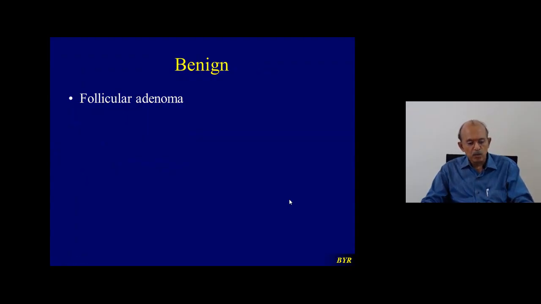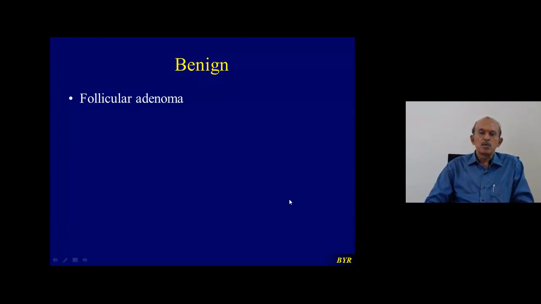There is only one benign neoplasm of the thyroid gland, that is the follicular adenoma. But carcinomas, there are 2 types, papillary carcinoma and follicular carcinoma. The counterpart in the benign section is only follicular adenoma.